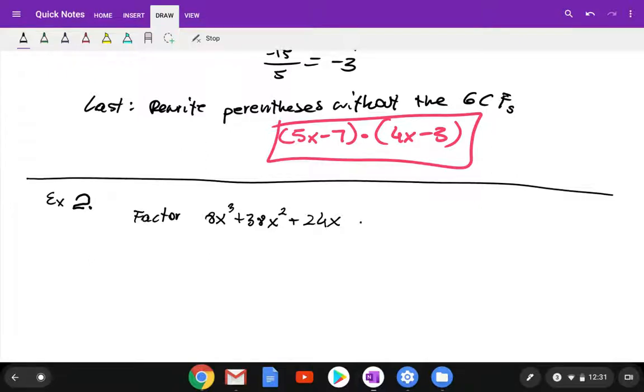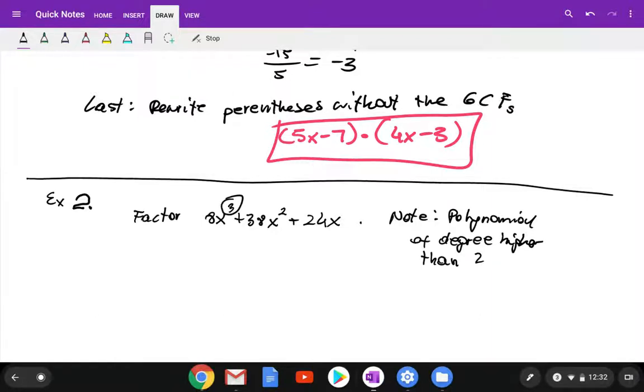You have a polynomial of degree higher than 2. Degree of this polynomial is equal to 3. So what we need to do, okay?